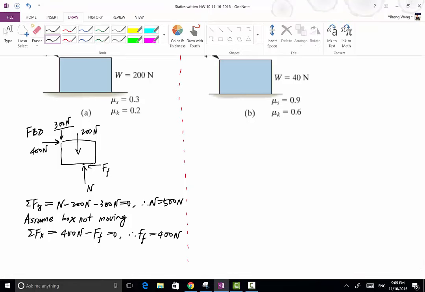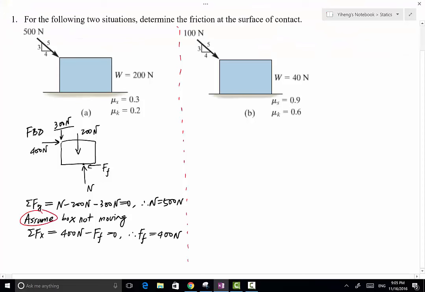However, don't forget, this is an assumption, and we have to evaluate to see if it's actually a valid assumption. So how do we know that? We know that the maximum static friction that could occur between this box and the surface is determined by the equation mu s times N.